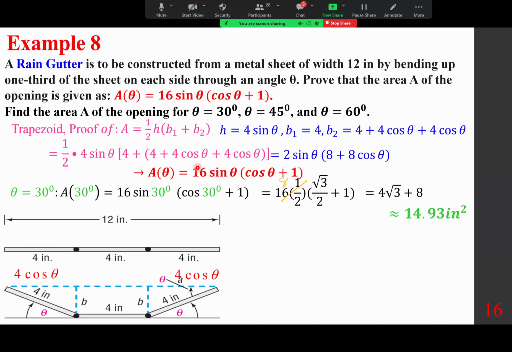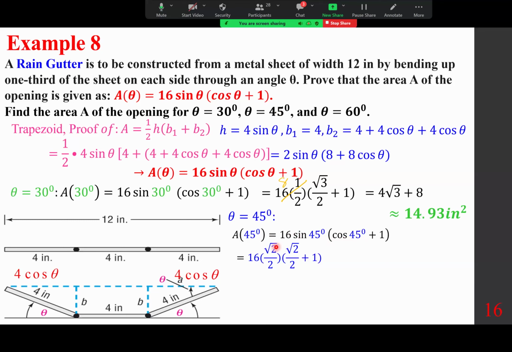We go back to this, and now we change the theta to the second one, 45 degrees. And we work on it. We just plug in. And I hope it's clear to everybody. It's really not that big of a deal. 45 degrees, 16 sine of 45 degrees, cosine of 45 degrees plus 1.